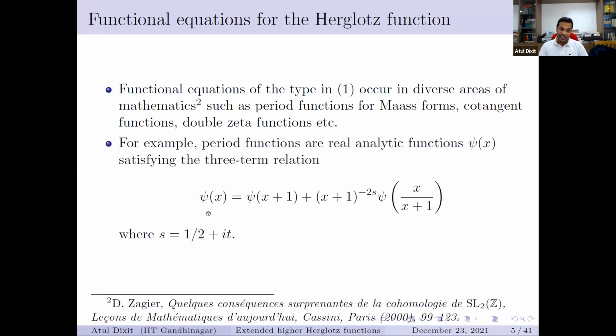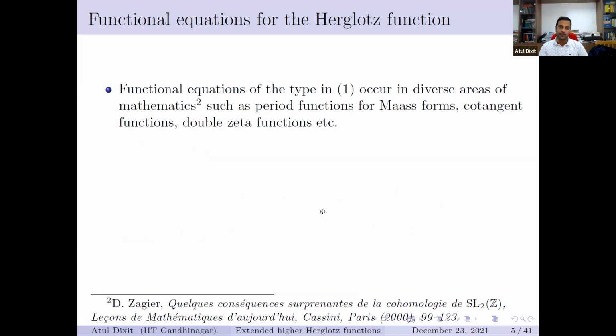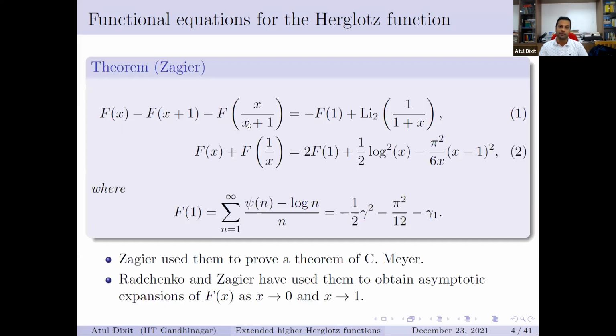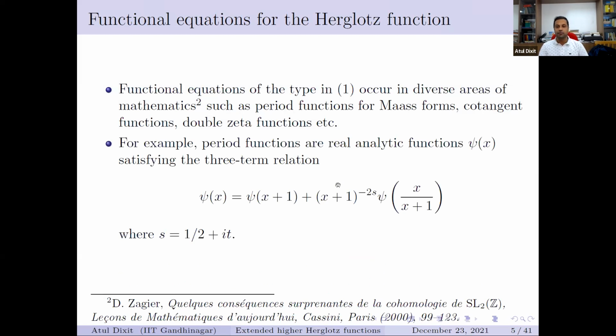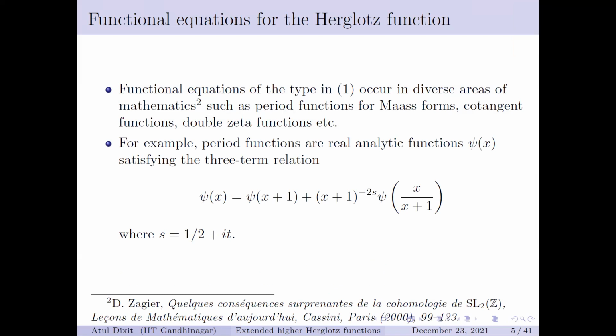And here it is exactly the same arguments, x, x plus 1, and x over x plus 1. This is what you have here. There is some factor in front also that occurs when we have these period functions. But Don Zagier has a beautiful paper where he talks about different functions satisfying three-term functional equations and how they are related in various areas of mathematics. So it's a beautiful paper. It's available on his website.